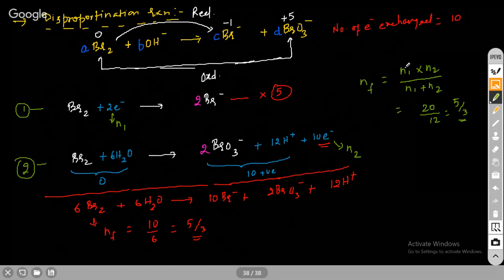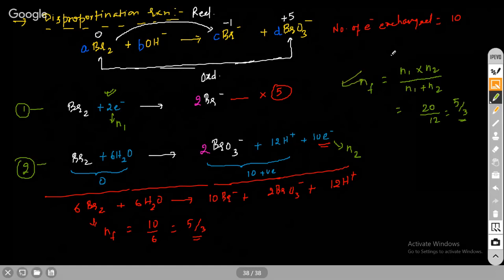Okay. So this N1 and N2 is what? These are the number of electrons exchanged in the two half reactions. The total number of electrons exchanged is 10 because 10 electrons are getting cancelled. But the number of electrons present in the first half is 2, in the second half is 10. So N1 is 2, N2 is 10, N1 into N2 by N1 plus N2.